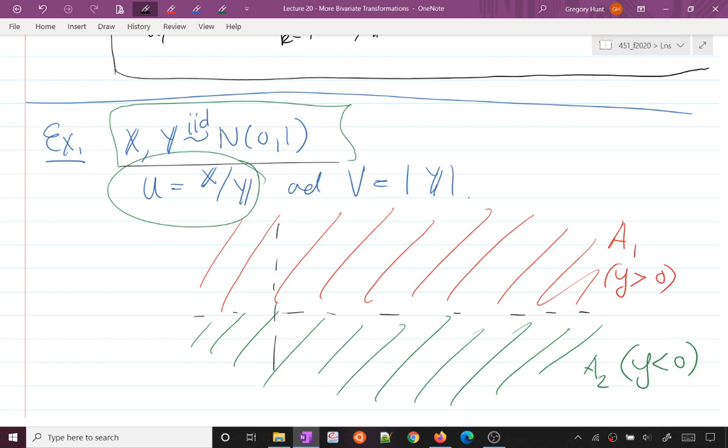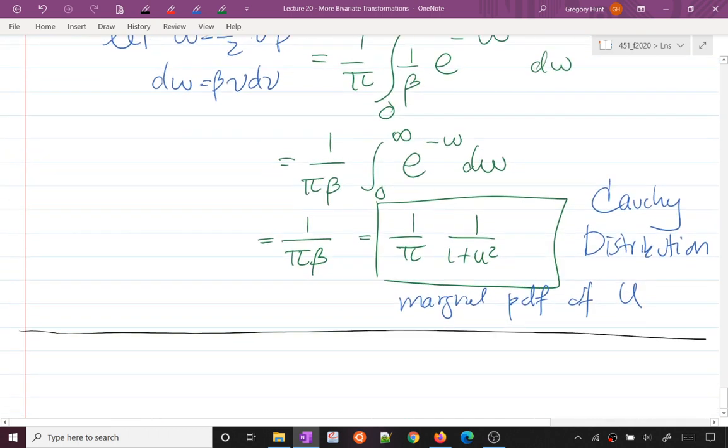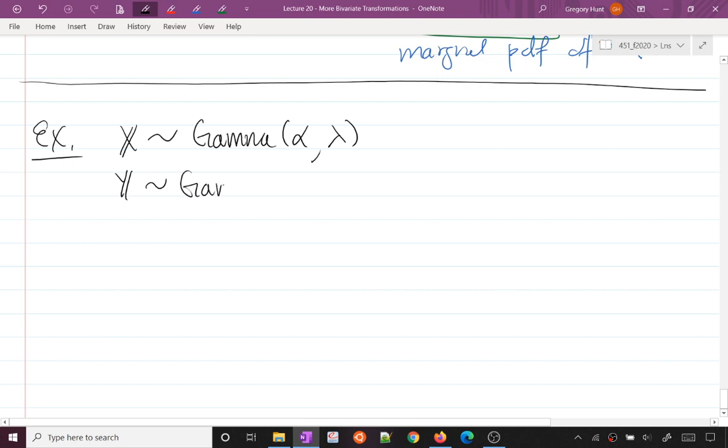Let's do one more example today. One more bivariate transformation example today. And this is just going to be an invertible classic bivariate transformation, just for some more practice. So here's my example. I'm going to say x has a gamma distribution with parameters alpha, lambda, and y also has a gamma distribution with parameters beta, lambda.